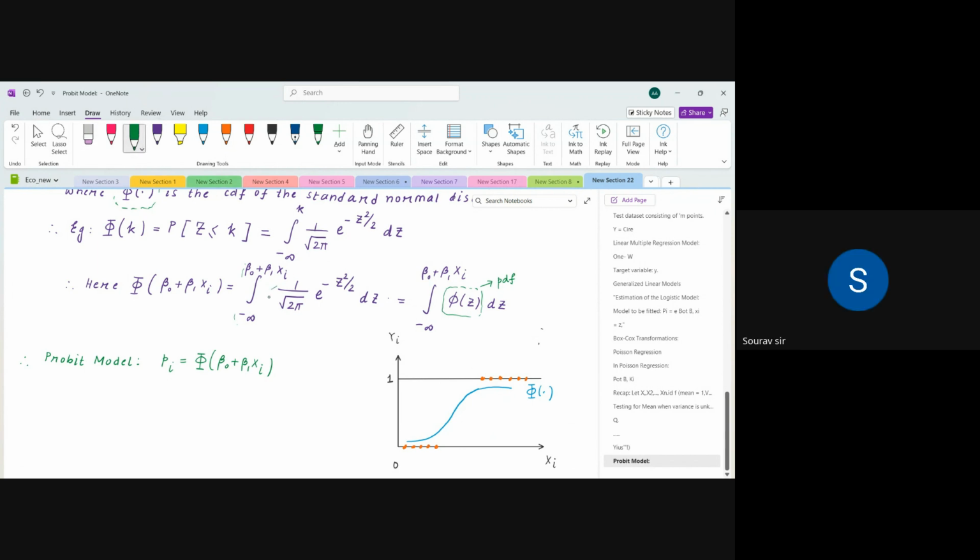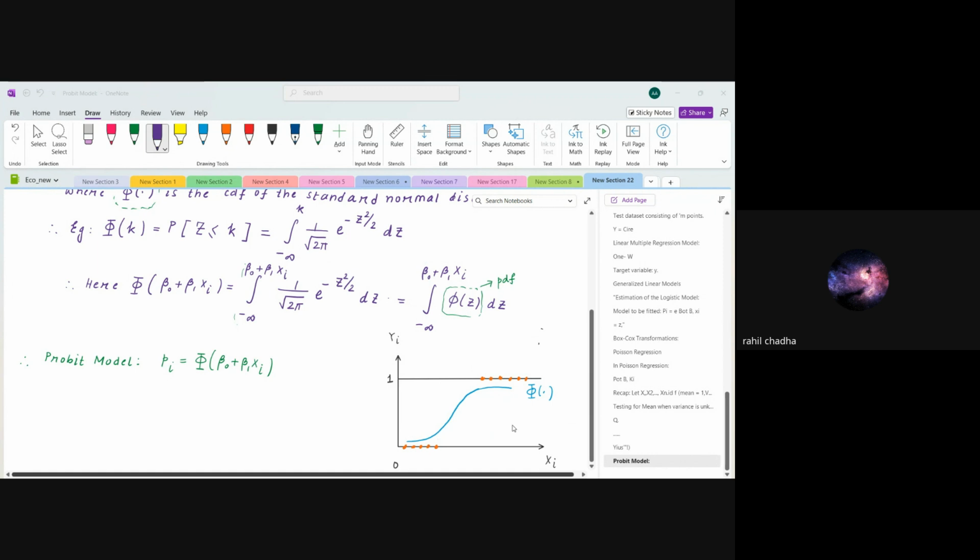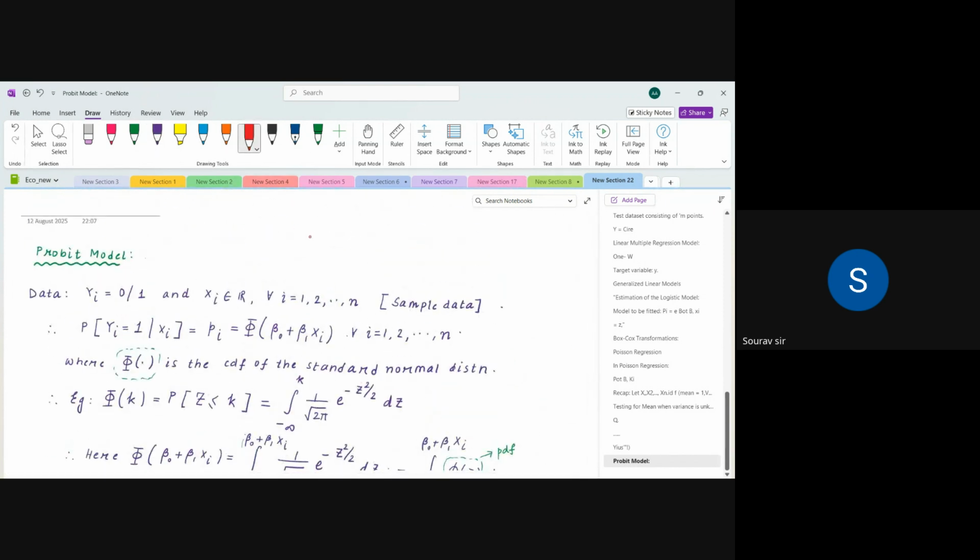Okay, why am I taking beta naught plus beta 1 x i? The idea is that I want to assume that the probability depends upon x i, so I take that in a linear format. The relationship is beta naught plus beta 1 x i. That's it. Like in a simple linear regression model, which we discussed yesterday as well, if I am talking about a relationship between variables y and x, this is the relation that you take.